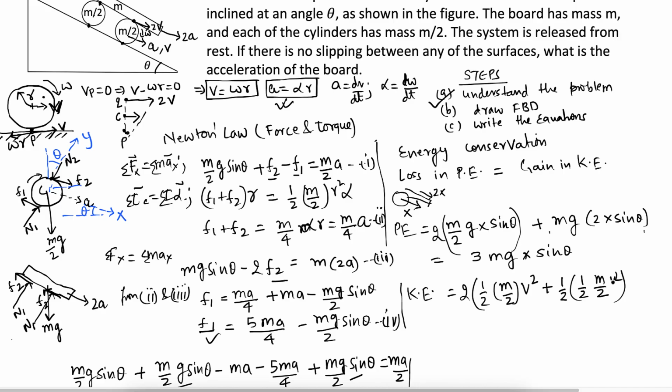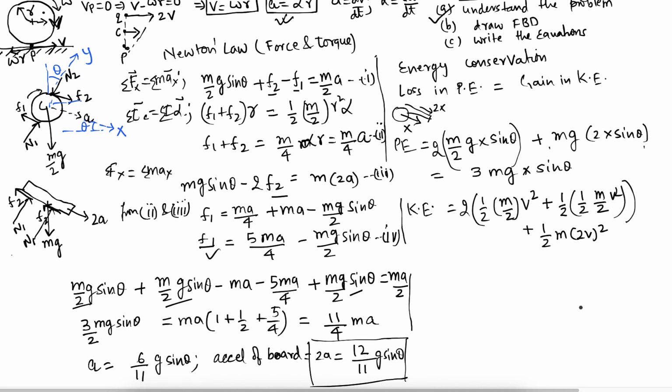This is half I omega square, I is half mr square, and v equal to omega r, so I'm directly using that, and plus the kinetic energy of the board, which is half m 2v square. And that is equal to mv square into 1 by 2 plus 1 by 4 plus 2, which is 11 mv square by 4.